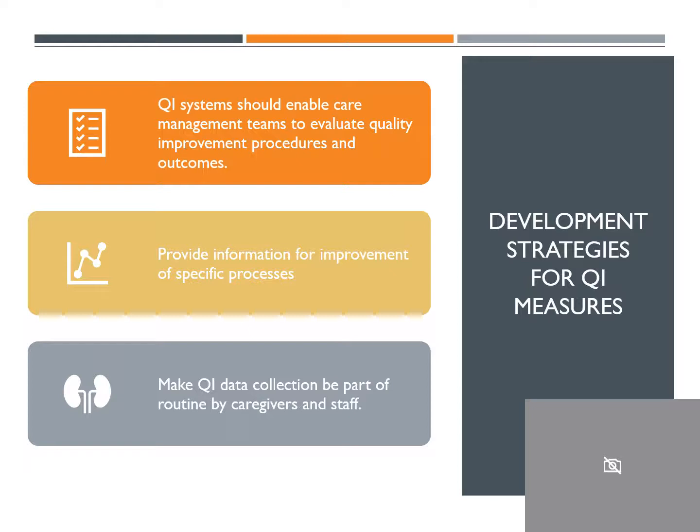The second is to provide information for improvement of specific processes, and this could also mean isolating problem areas to enhance and provide the highest quality of patient care. And the third strategy is to make QI data collection part of routine by caregivers and staff. And this means surveying and obtaining feedback of care that was provided.